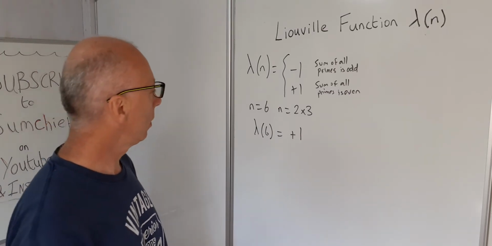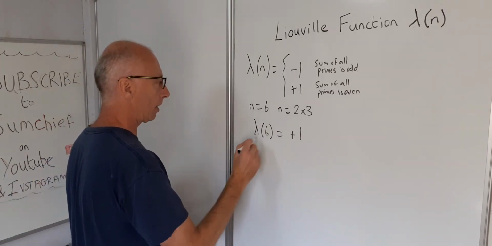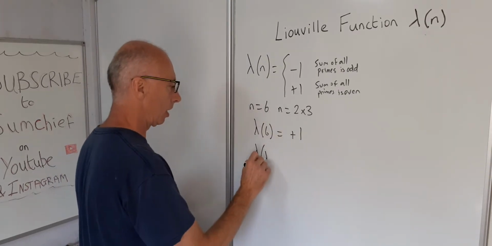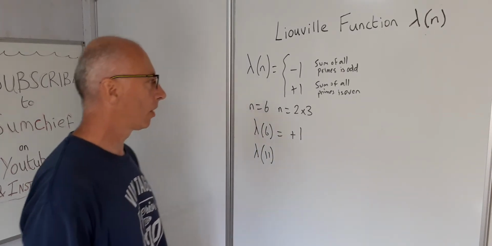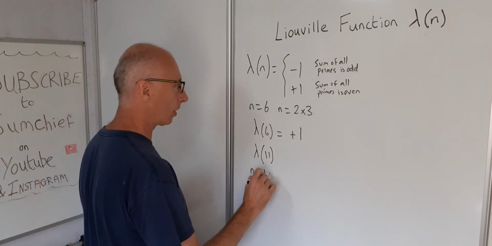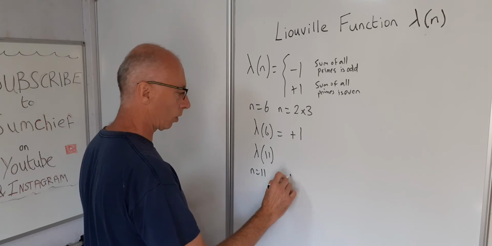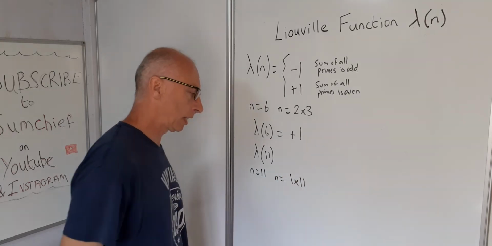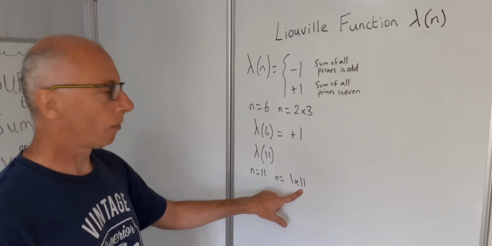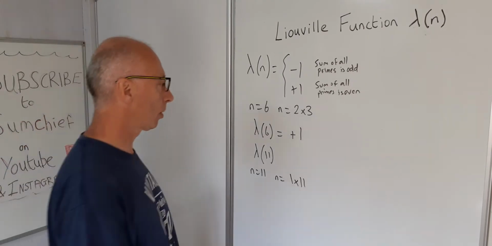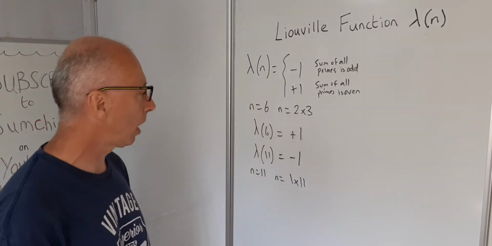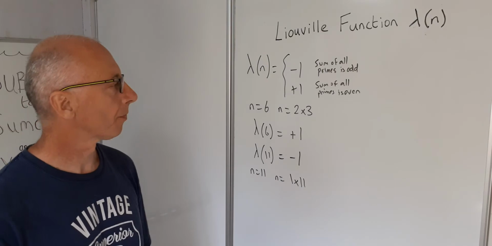Now if we take, let's say, lambda of 11, so if n equals 11, n equals 1 times 11. So therefore 11 is made up of one prime number, a product of one prime. So therefore the Liouville lambda function for 11 is minus 1.